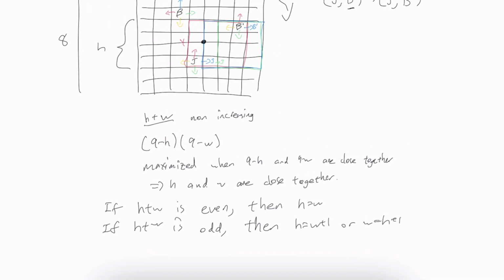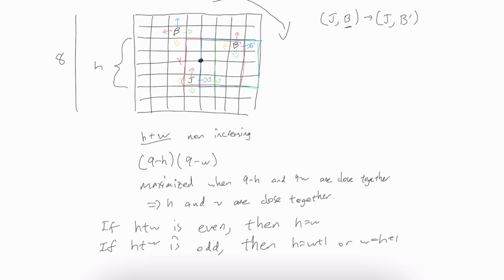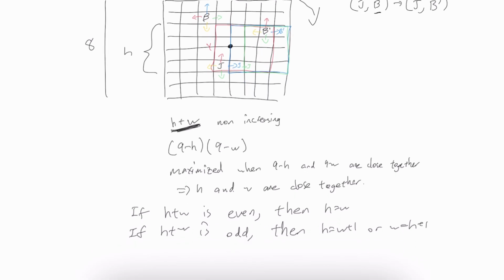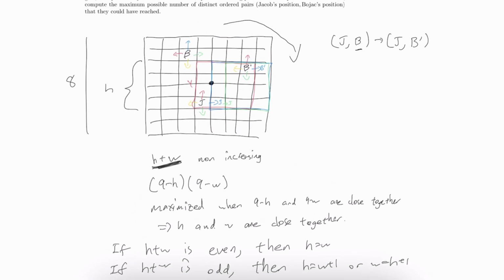So how does this help us? Well, we have that this quantity is non-increasing, right? And the biggest it can be is the entire rectangle, just the entire box for the square. So that's 8 by 8.